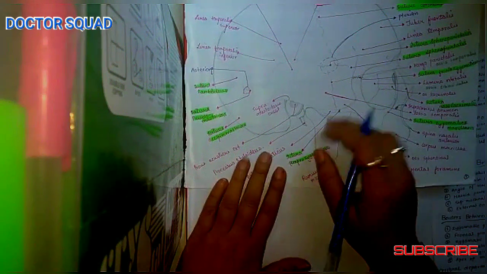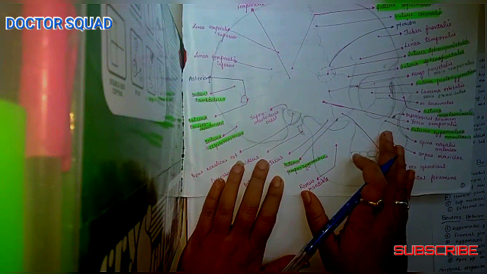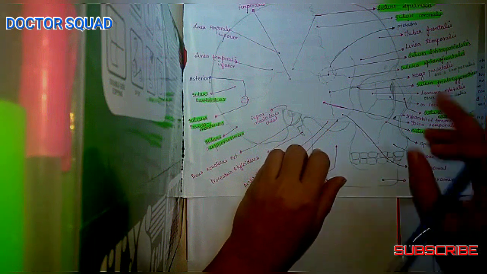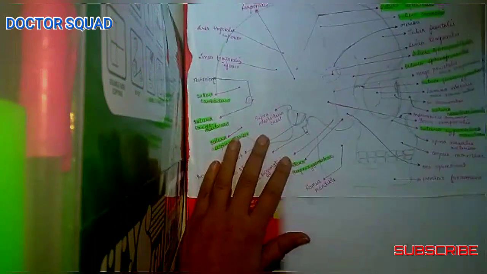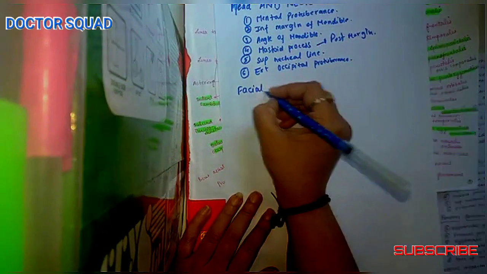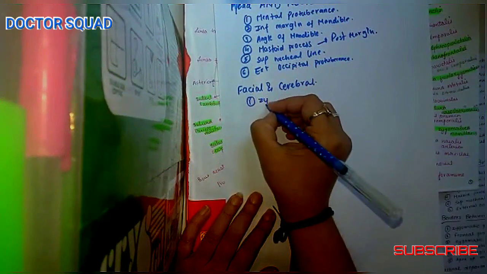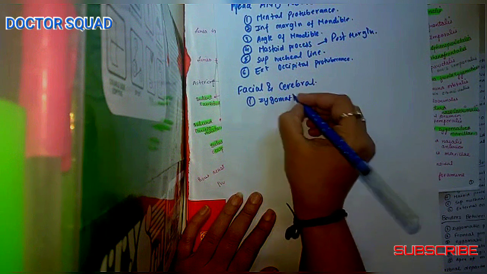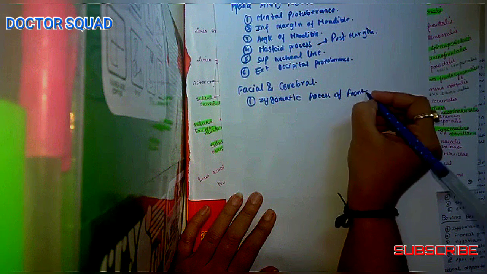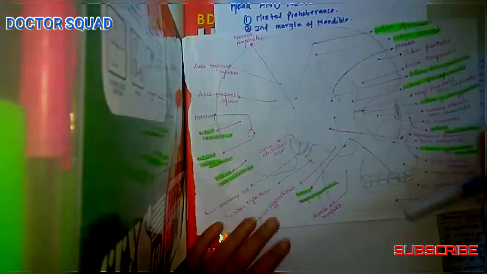Now we will see how the cerebral part and facial part are divided from each other. Between facial and cerebral, the first border is the zygomatic process of frontal bone.